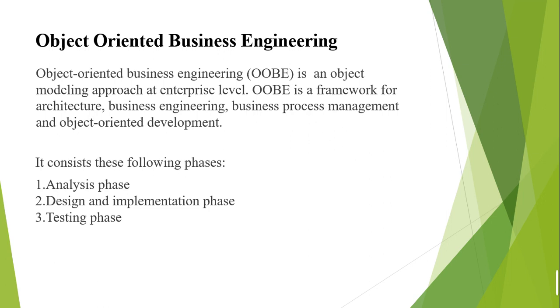In the analysis phase, we analyze the entire system, that means what my requirements are and what model we have to make. Next, in the design and implementation phase, we implement the entire system using different kinds of database management systems, that is the DBMS.